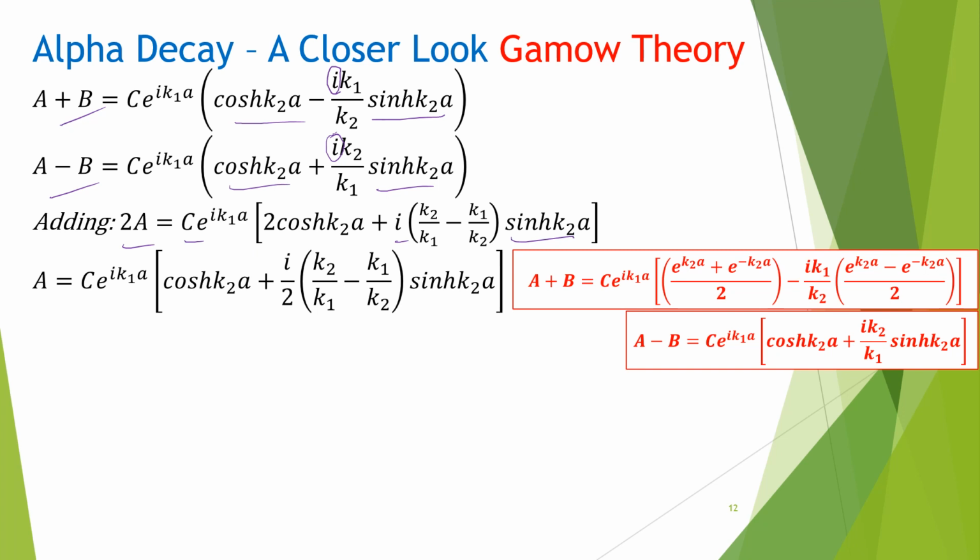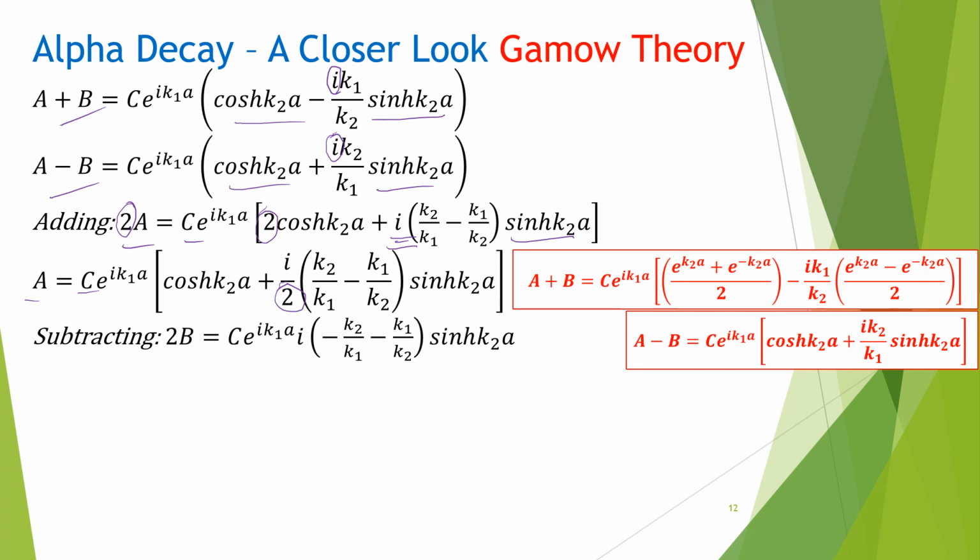Now we can rearrange this expression for A equal to C times, taking 2 in the denominator of the right hand side, so this 2 and this 2 will be cancelled. However, in this term 2 will appear in the denominator. So cos of k2a plus I by 2, k2 upon k1 minus k1 upon k2 times sinh of k2a.